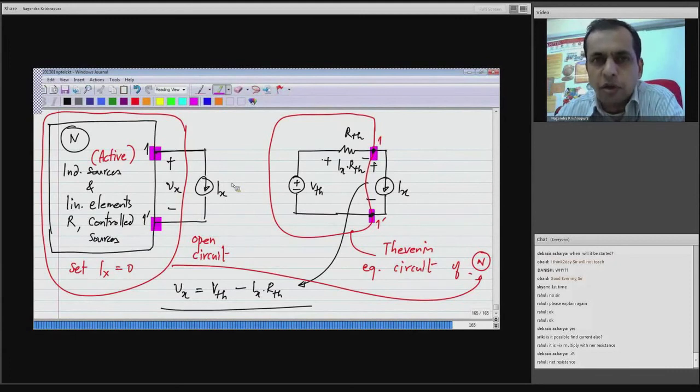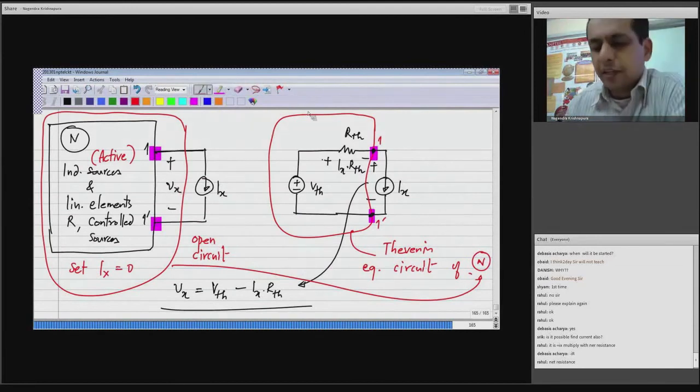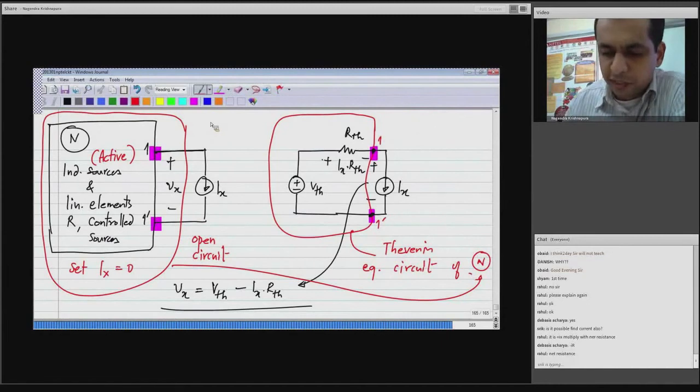All you have to do is give the Thevenin equivalent: the value of VTH and RTH. Because you know the internal details, you can calculate these things. Once this is done, as far as the terminals 1, 1 prime are concerned, this very simple representation and whatever stuff you have inside are completely equivalent. The idea that any circuit can be reduced to this is known as Thevenin's theorem.